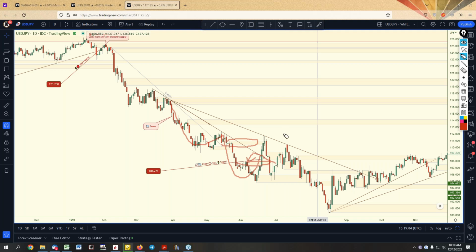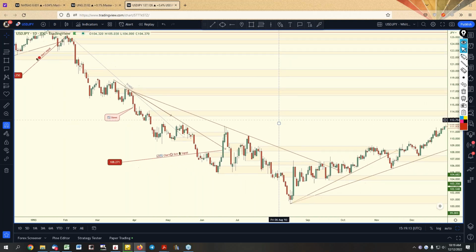Okay. And then we have the rest of this. So you see what's going on here. This is higher time frame shenanigans. Okay. But you would have been signaled to exit and then wait for a clear chart. So this would have been entering into consolidation.